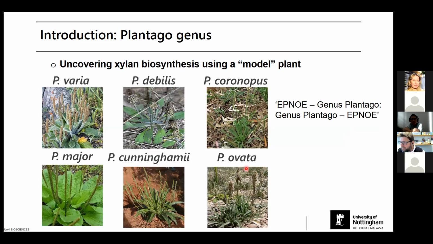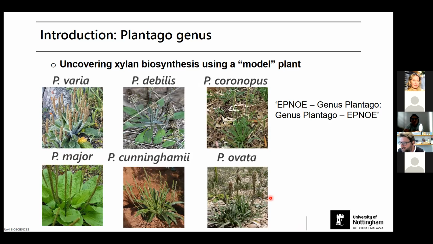One of these is Plantago ovata, which is very well known, and you can probably also recognize species like Plantago major. If you are somewhere in Scandinavia, you can definitely recognize those. And if you live in tropical areas, you can recognize Plantago lanceolata or Plantago ovata.